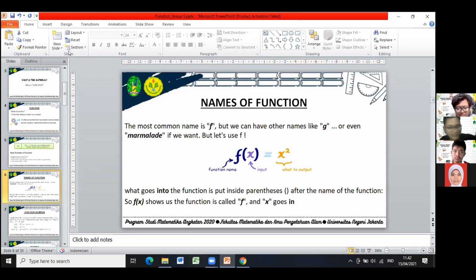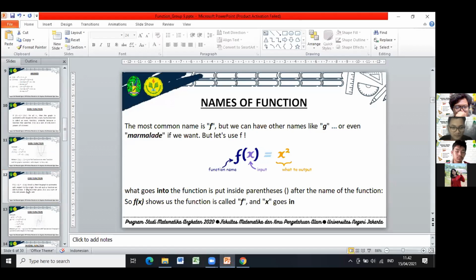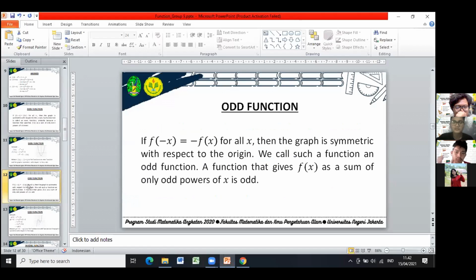Okay, and you wanted to ask again? Yeah, okay, sir, Merita. I ask about even or odd. Is zero an even or odd function? And how do you prove that zero is an even or odd function? Sorry, can you tell again?